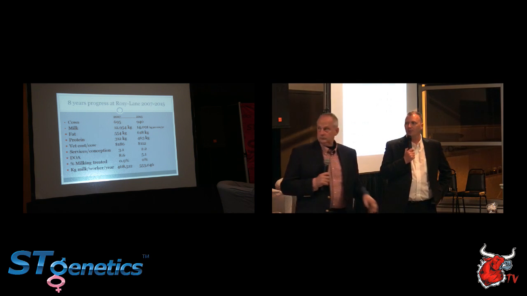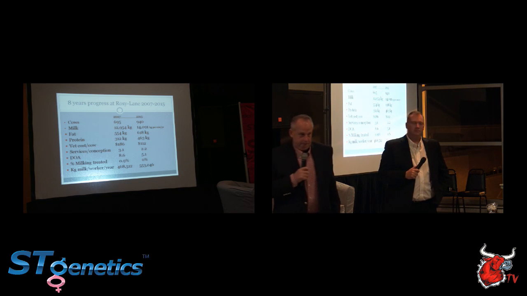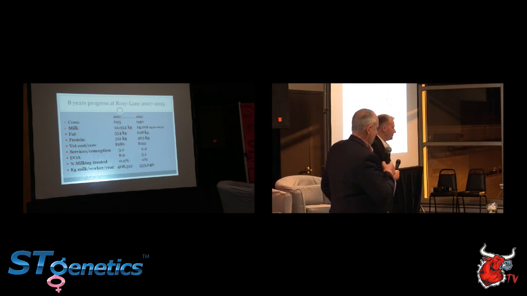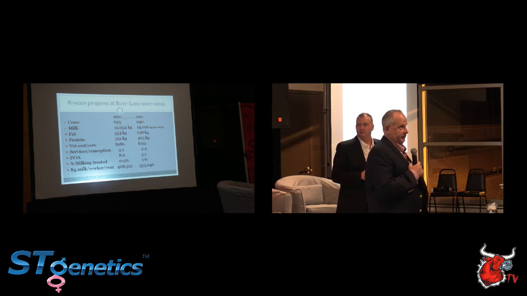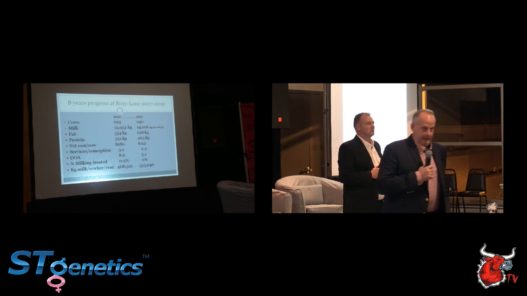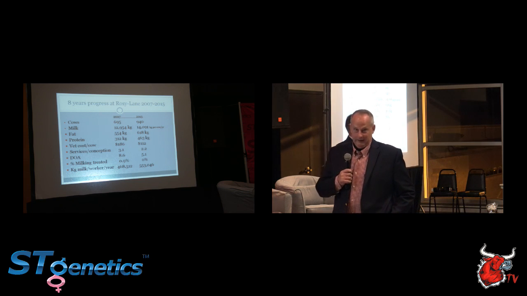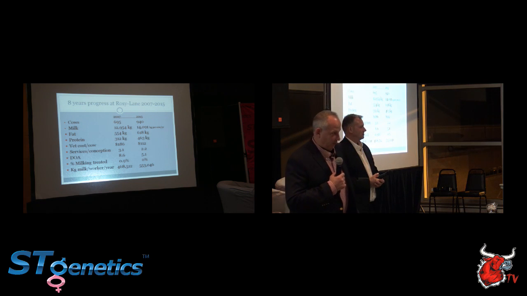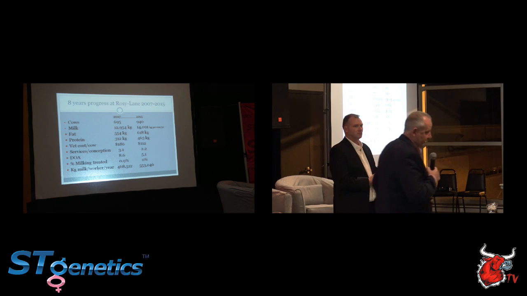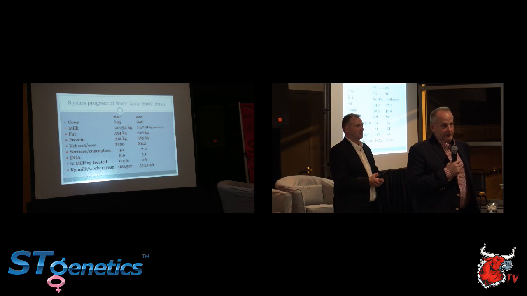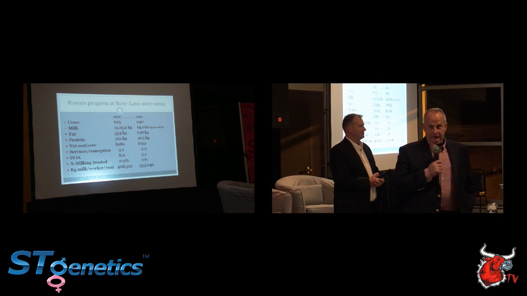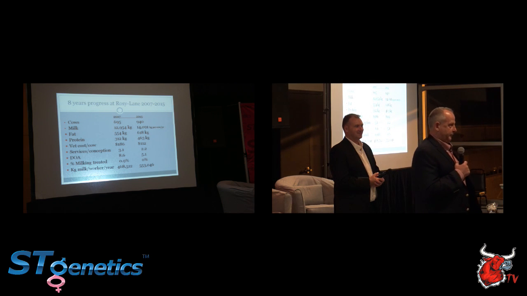So, the question was asked before about profitability. Are we increasing profitability? All this emphasis on using great bulls, not just because we like to have the name bulls in our program, but what economic impact does it have? I can tell you that these numbers are really accurate because since 2007 we participated in the Cornell Pro Dairy program.